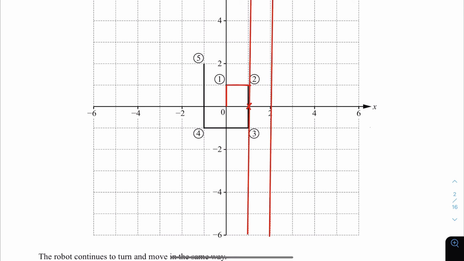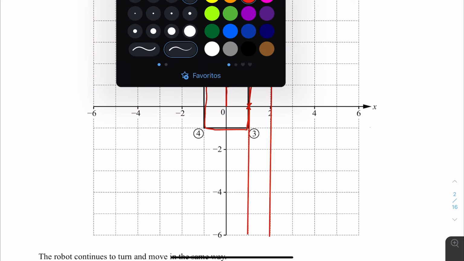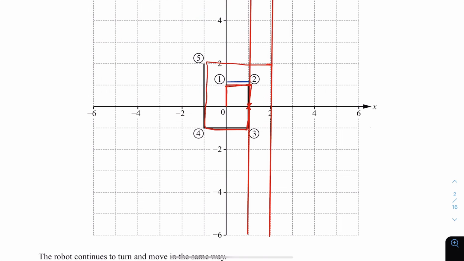then you would need to go 1, 2, 3, 4, 5. You need to go to corner 6. And if we're looking at corner 6, let me just use a different color for that. 1, 2, 3, 4, 5, 6 horizontal lengths.